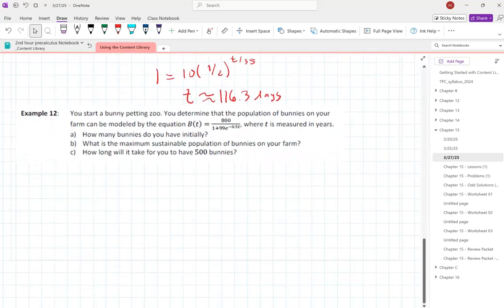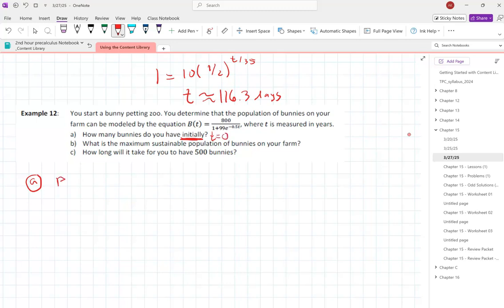All right. It says you start a bunny petting zoo. That sounds lovely. You determine the population of bunnies on your farm can be modeled by the equation B of t equals yada, yada, yada, where t is measured in years. How many bunnies do you have initially? Well, what time is initially? 0.